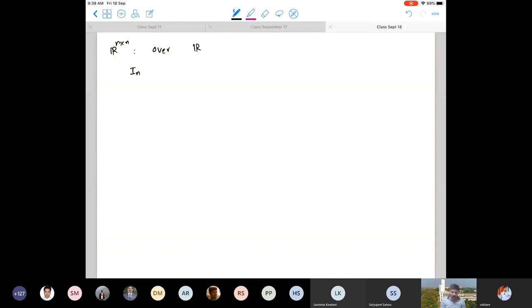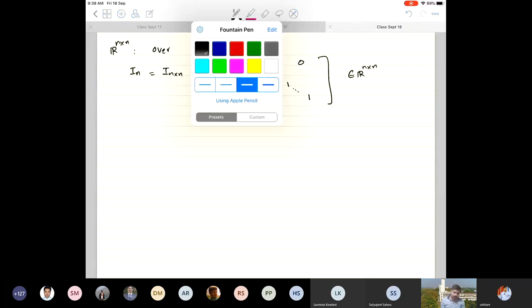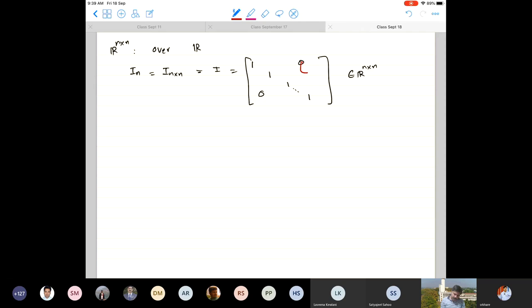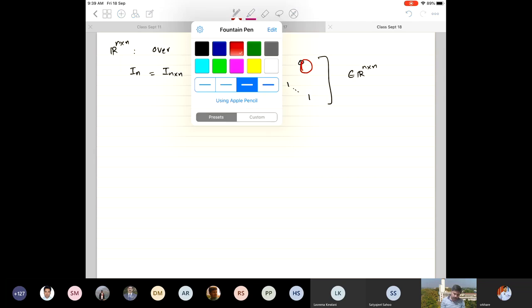I will denote it by In, sometimes by I n by n, sometimes I will just say I. All the diagonal entries are 1, and all the non-diagonal entries are 0. So that's what we mean by an identity matrix.